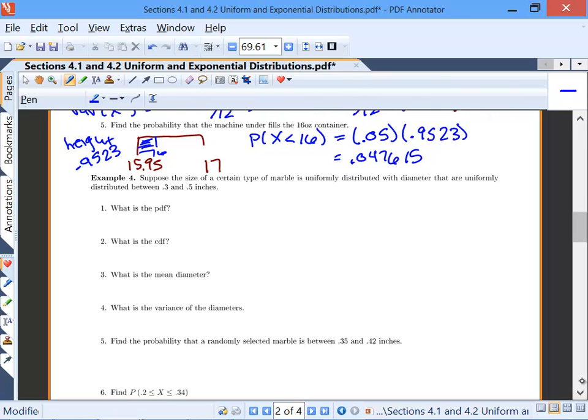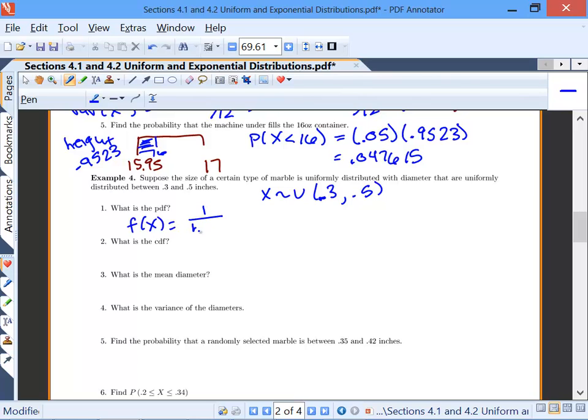So just one more example of it. We're just going to go through. So what is the PDF for this next example? So suppose we have the size of a certain type of marble is uniformly distributed with a diameter that's uniformly distributed between 0.3 and 0.5 inches. So X is distributed uniformly from 0.3 to 0.5. So f of x is just, tell me what the height of the line is going to be.